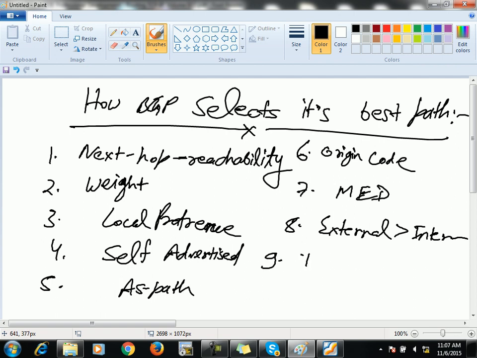Ninth, IGP cost to reach next hop, if that is also the same.